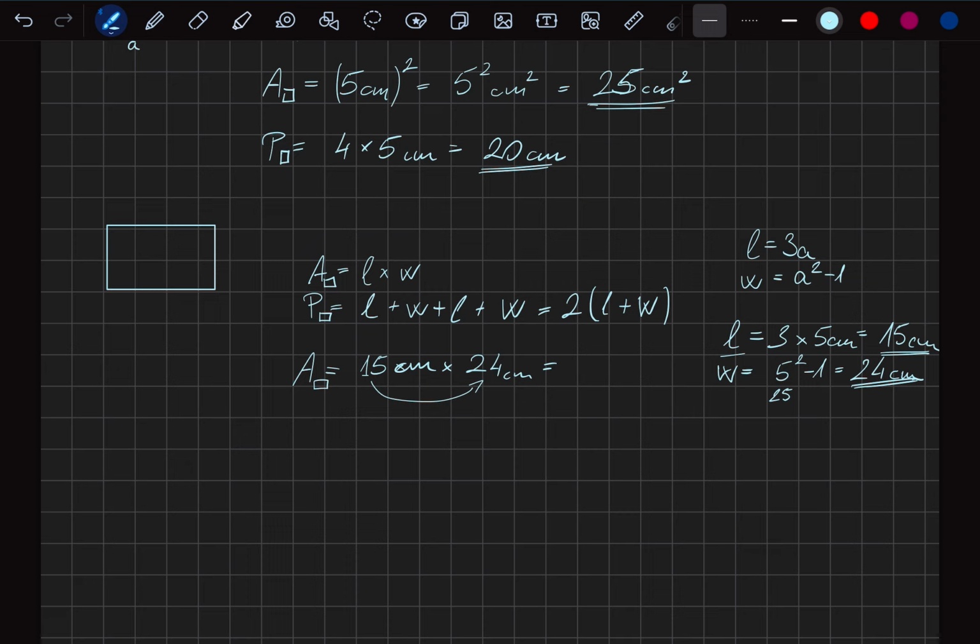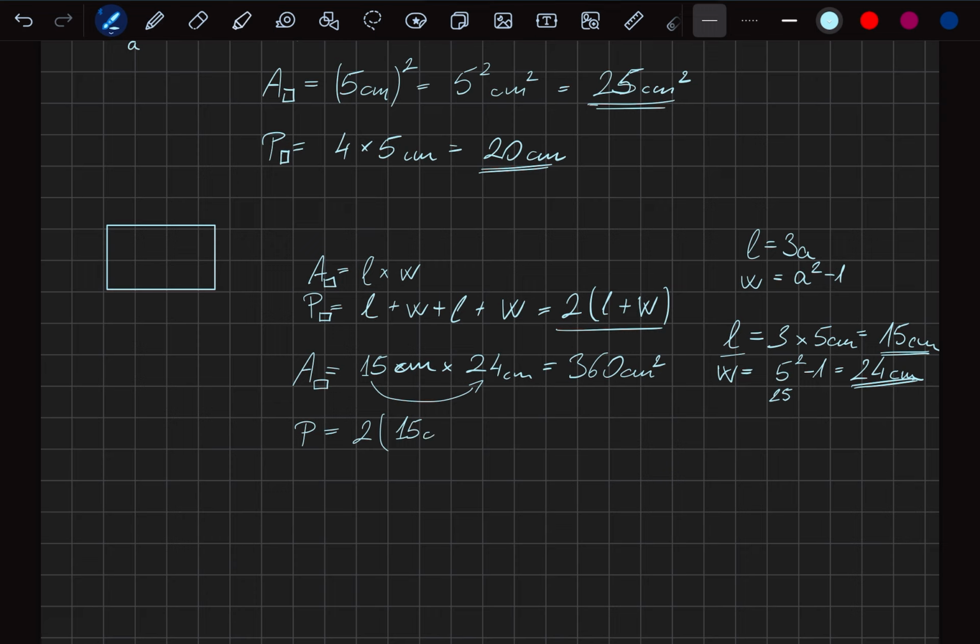So 10 times 240 plus 10 times 240 divided by 2, so it's 240 plus 120, it's 360 centimeter square.